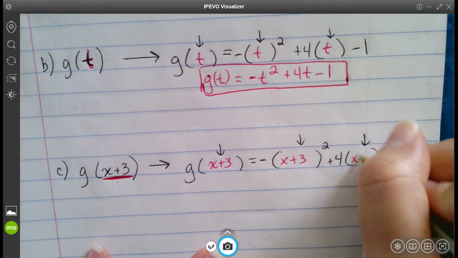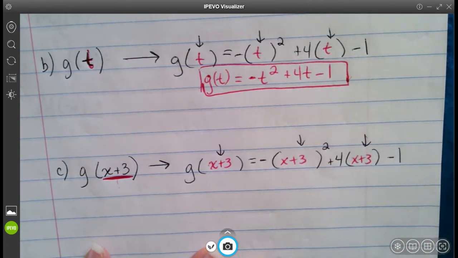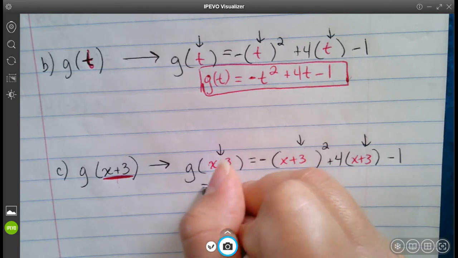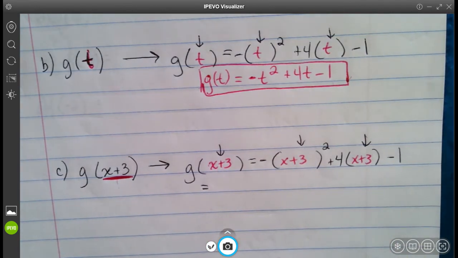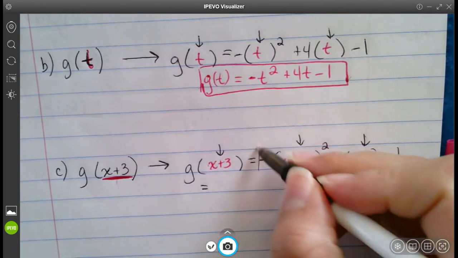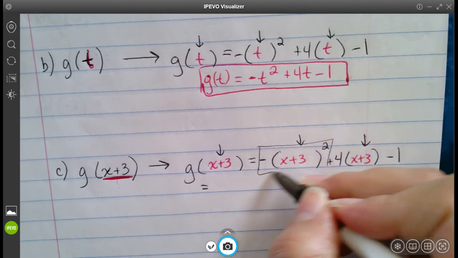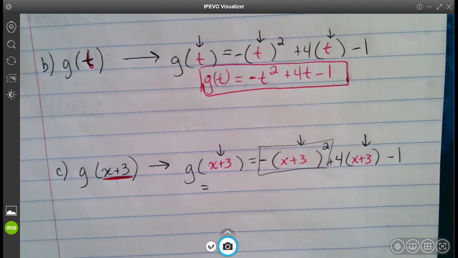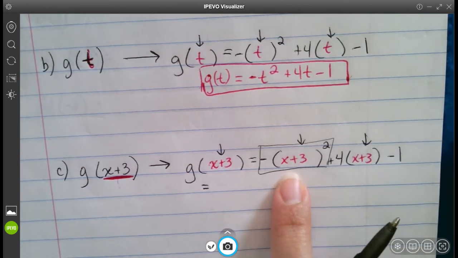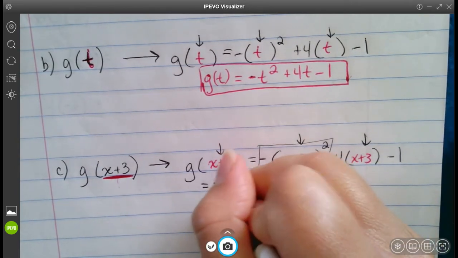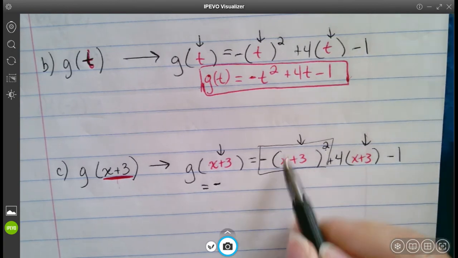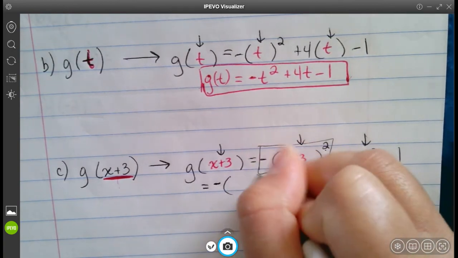Okay, and I'm going to evaluate the right side of this. So here's where it gets a little tricky because we have this annoying little expression here that's going to make us do some work. Okay, so I'm going to expand this for you so you can see what this is supposed to look like. If we're squaring something like this, that means that there's two of them.